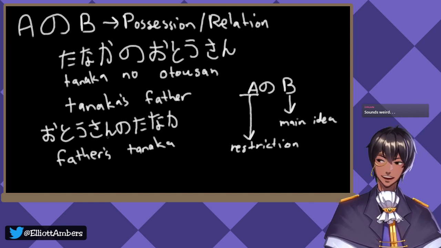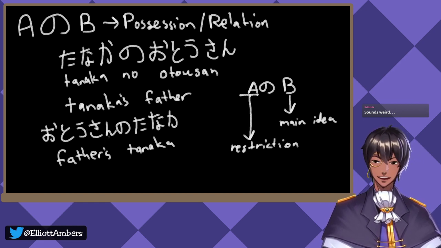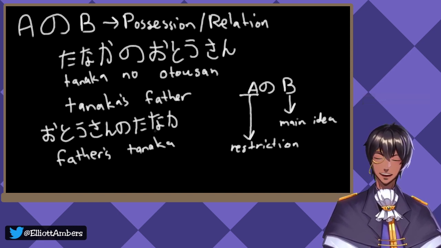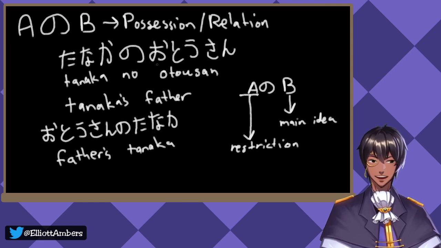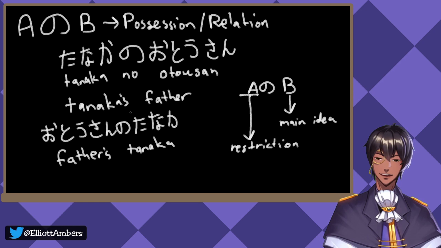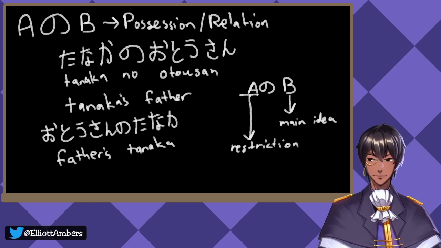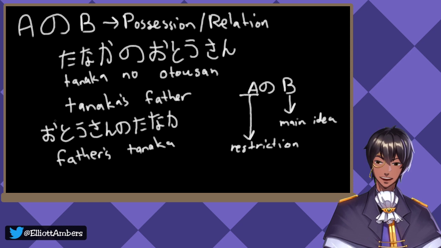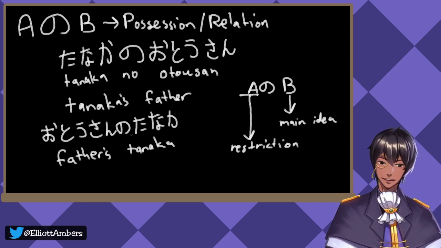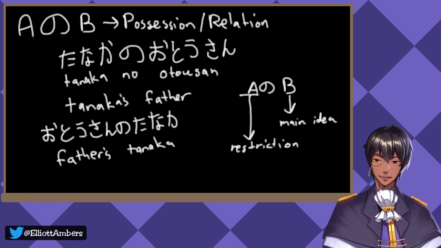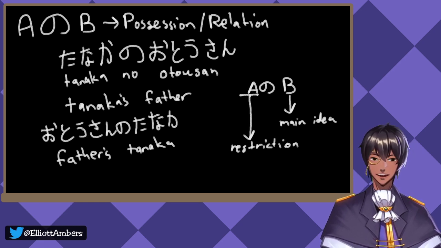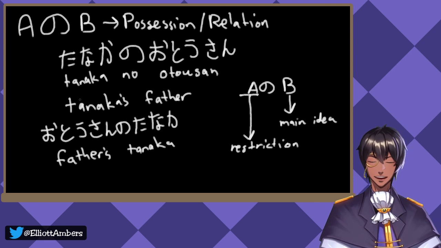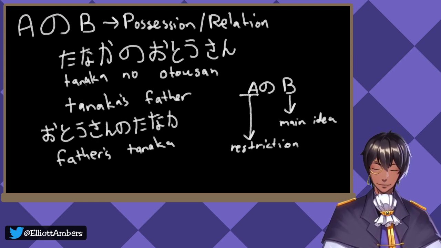It does sound weird. If I said this, you're sounding very possessive of that person, and that's not what we want. So the order is important. The second term is the main idea of what we're talking about. If I say this, it says we're talking about the Tanaka owned by the father, essentially, or Tanaka from the father, as opposed to the father of Tanaka. Reversed, it just sounds really weird.